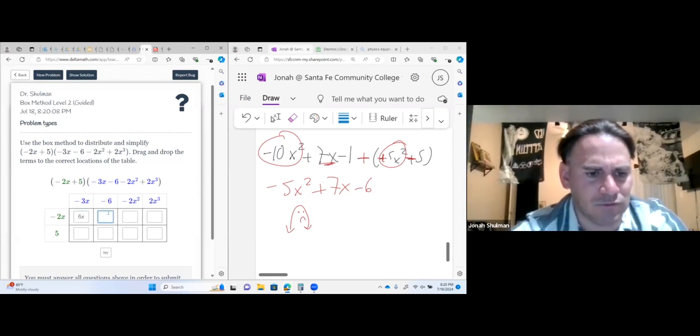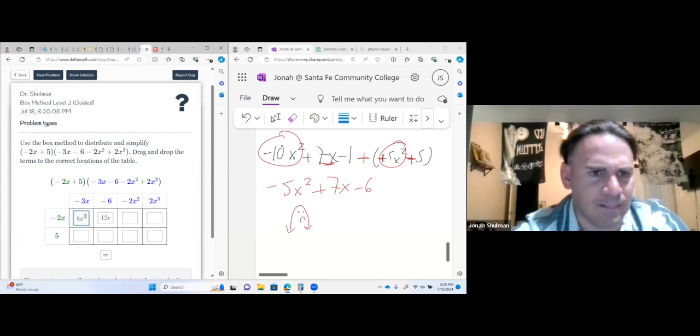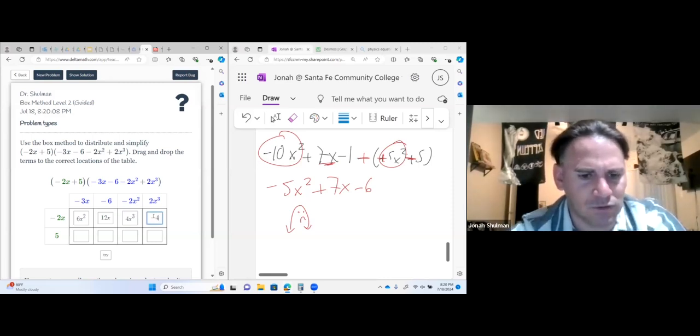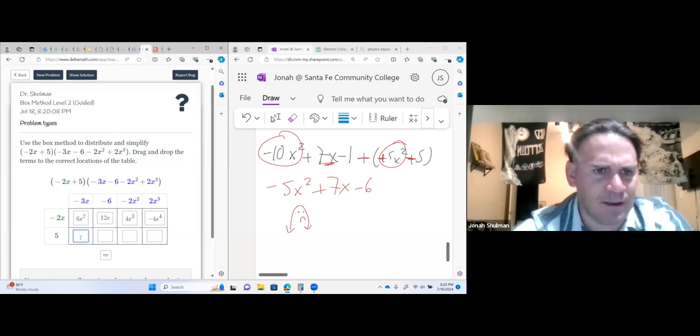This is going to be a positive 12x. This is x squared, sorry. X times x is x squared. This is going to be a positive 4x to the third. And this is going to be a negative 4x to the fourth.